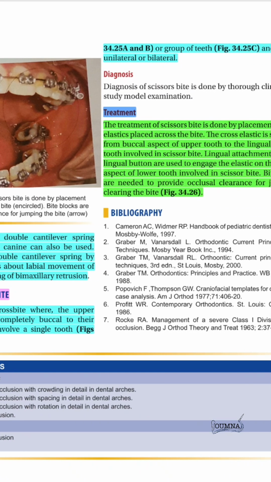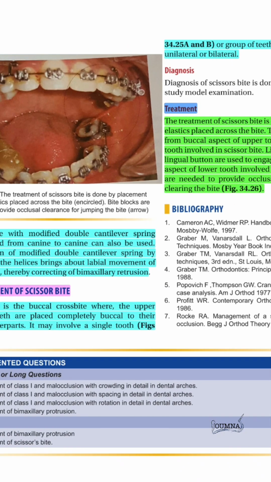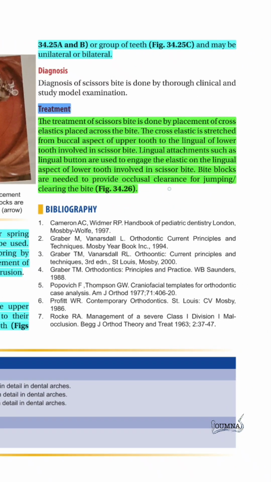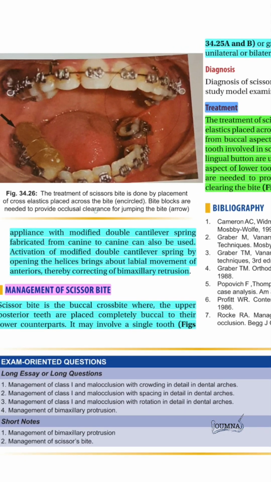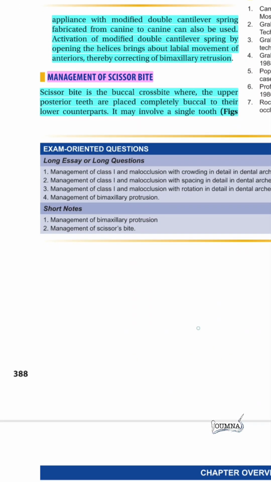In this case, what we should do is add cross elastics that are stretched from the buccal aspect of the upper tooth to the lingual of the lower tooth, and we add bite blocks to provide occlusal clearance for clearing the bite. That's it.